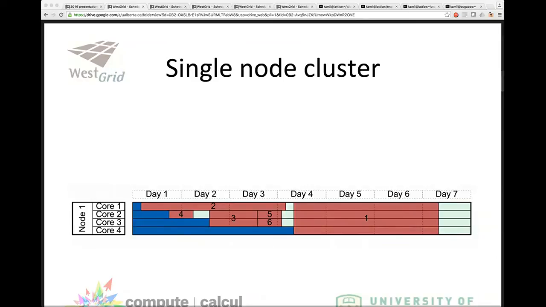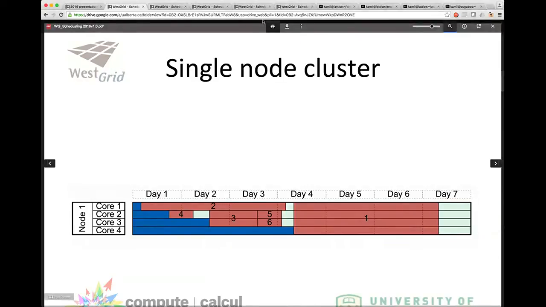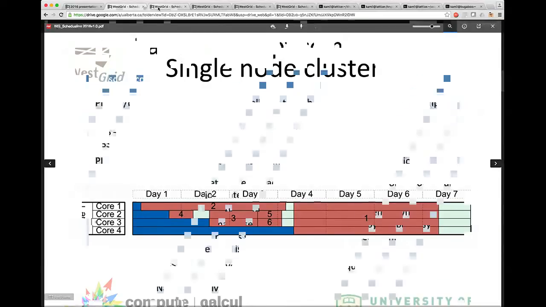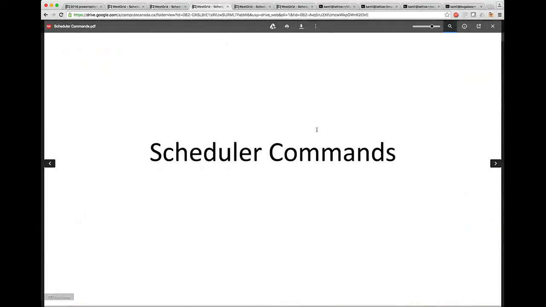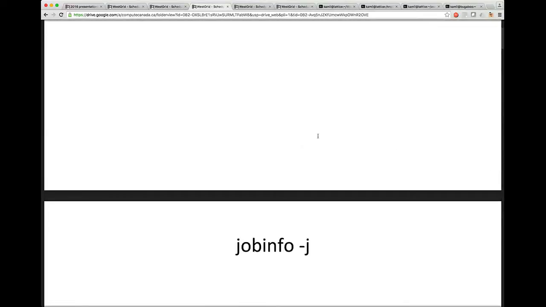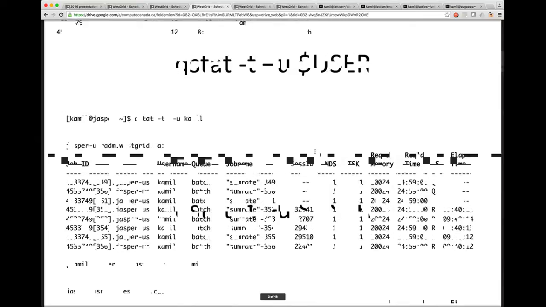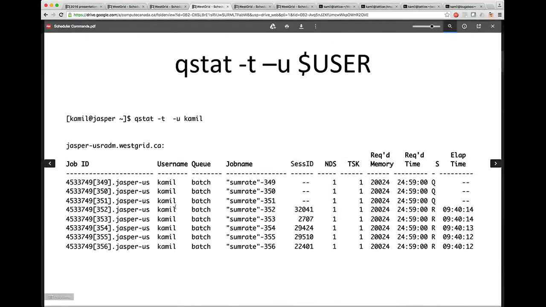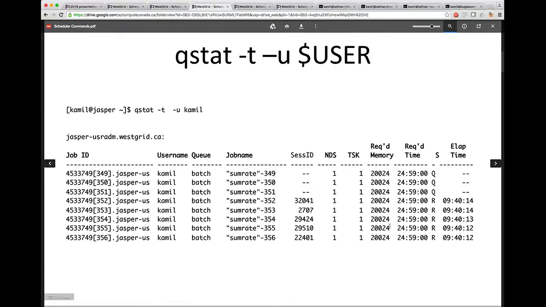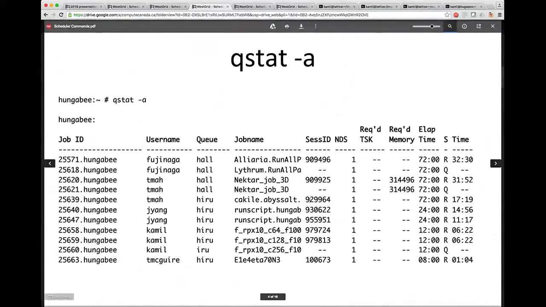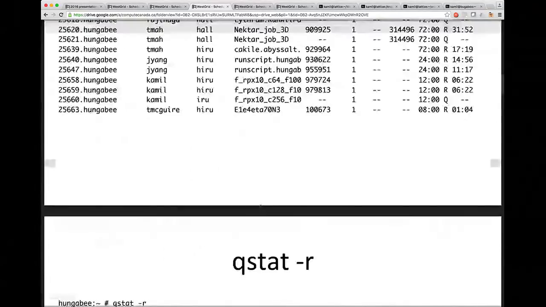There's also commands that show you the status of a cluster. So one of those worksheets here is called scheduler command. And if we look through it, there is a whole bunch of commands that you could run and see the status of every job, which ones are queued, which ones are running, and so on. We'll be going through how to read all those commands later.